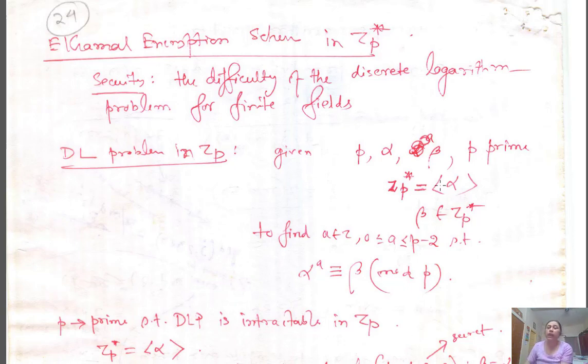Since alpha is a primitive element and we are working in Zp star, alpha to the power phi p is 1. That means alpha to the power p minus 1 is 1. By Fermat's little theorem I can get that result. So alpha to the power p minus 1 is always 1 modulo p, and this a must be an element from the range 0 to p minus 2.